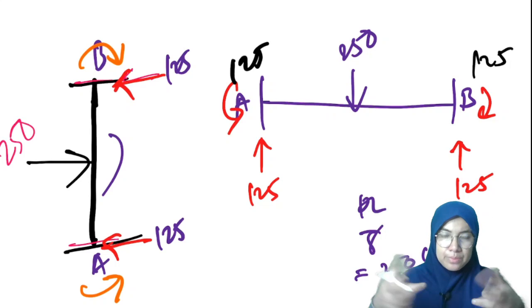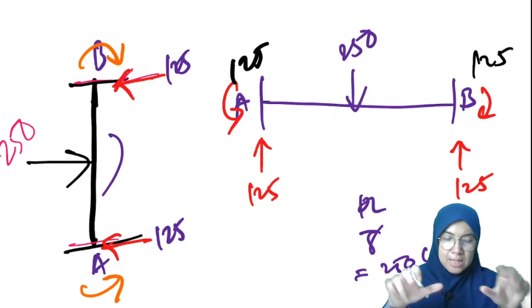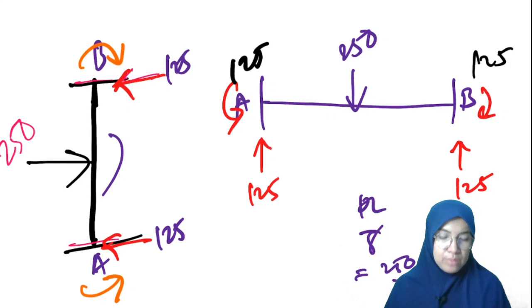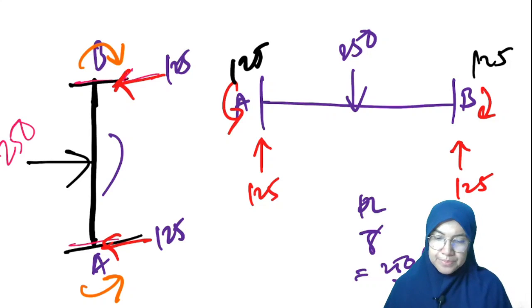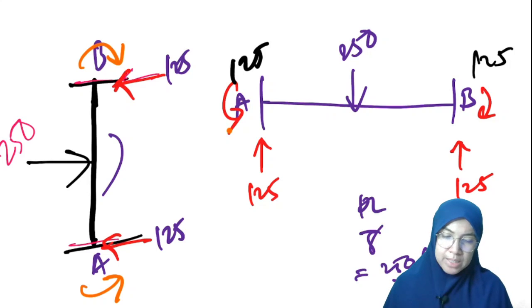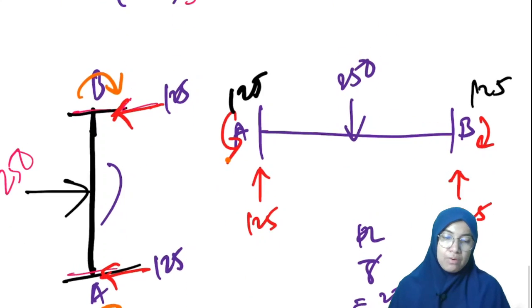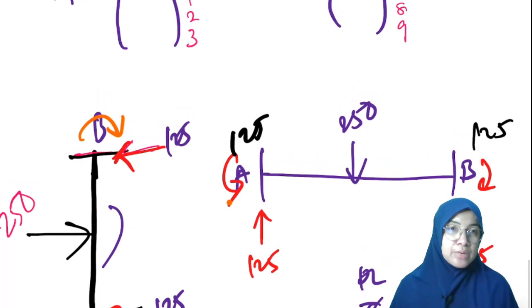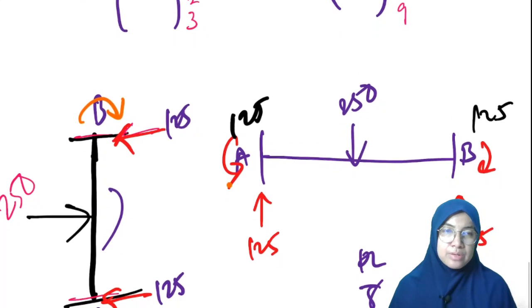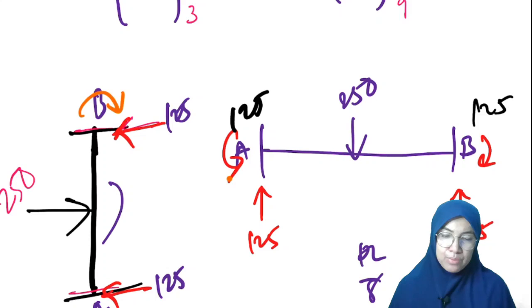We need to imagine like this. So at A the moment is counterclockwise, and at B the moment is clockwise. So this is for the equivalent element nodal forces. This is element number 1.